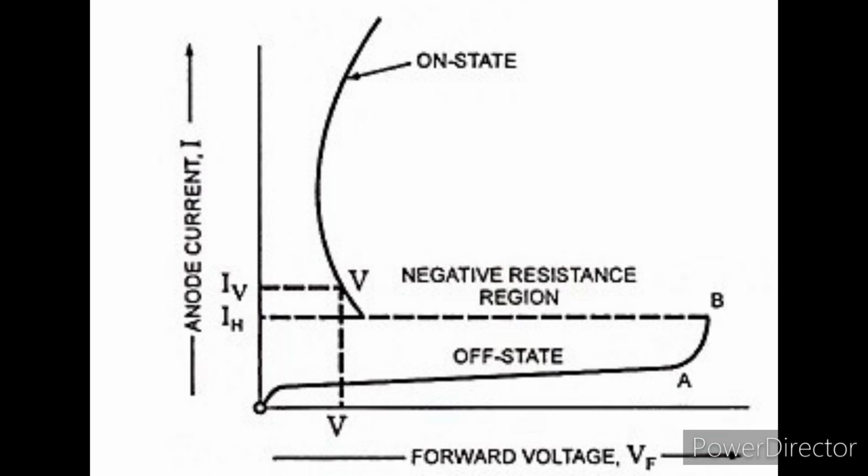So a negative resistance characteristic is exhibited by SCS. And after IH, the device goes into the on state and the regenerative action continues. And the device gets turned off when a trigger pulse is applied at the G2 terminal. This concludes the topic of SCS.